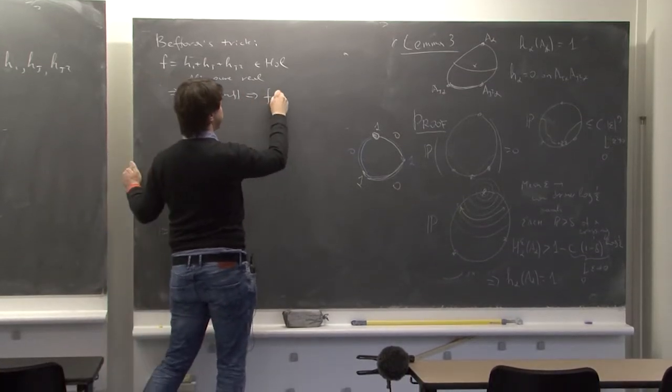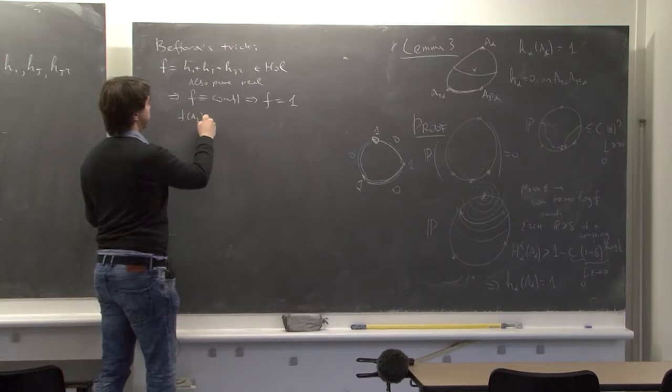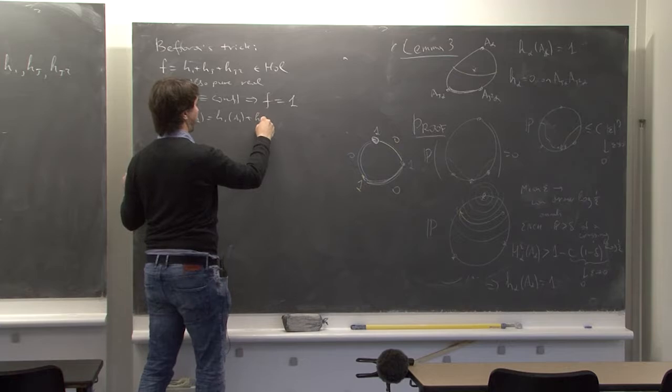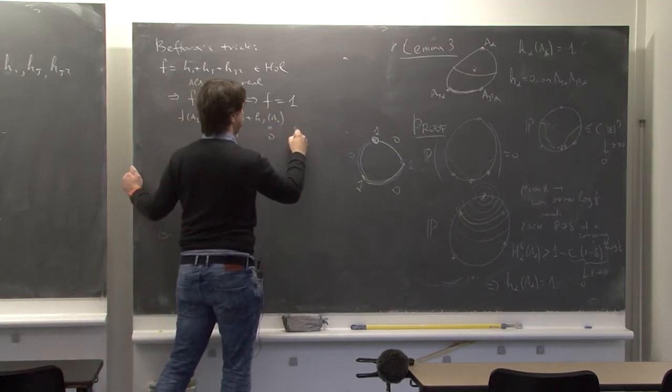which implies that f is equal to 1, because f of a1 is h1 of a1 plus h tau of a1. So this is 1, this is 0, this is 0.